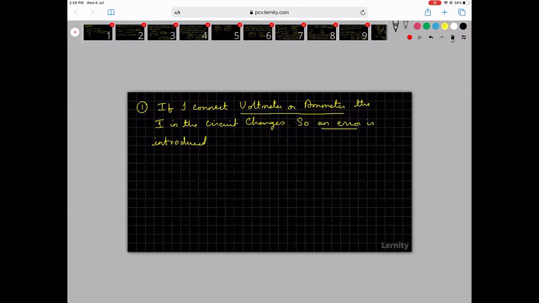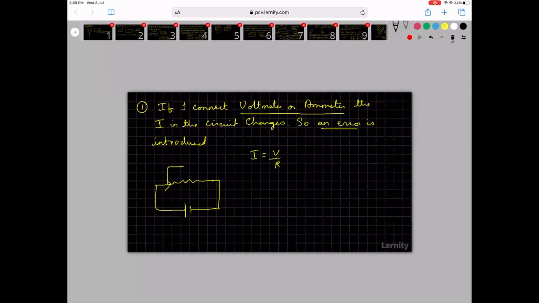So an error is introduced. Now I am explaining to you how. Suppose this is a resistor which is connected to a battery. Now there is some I. That I is equal to V by R.